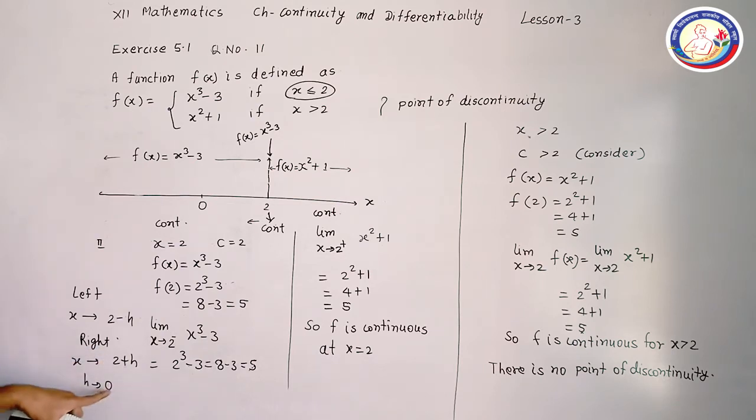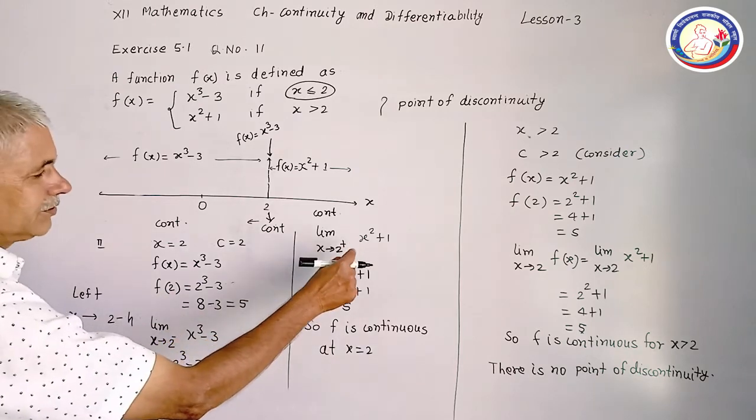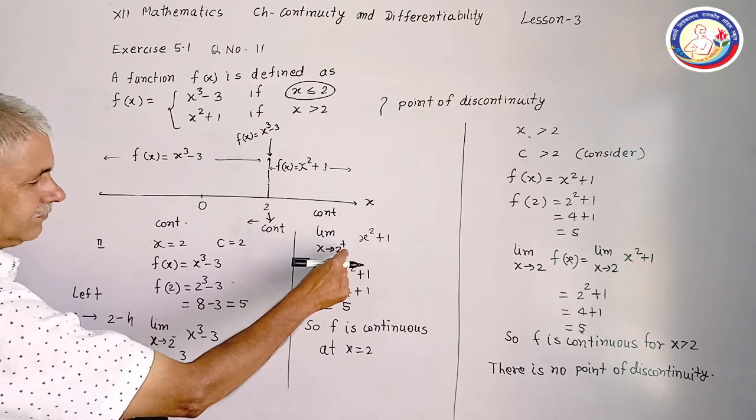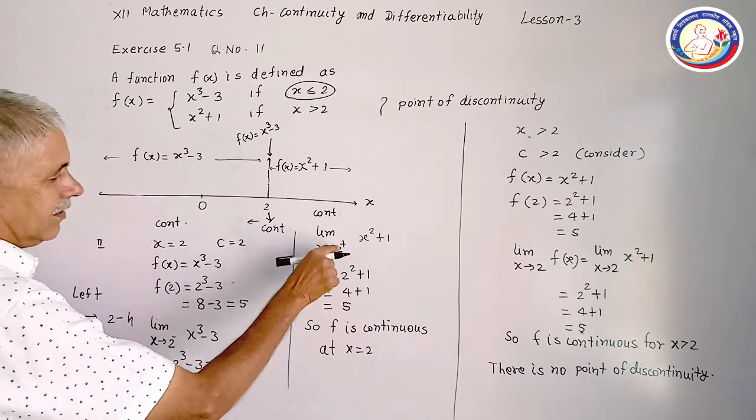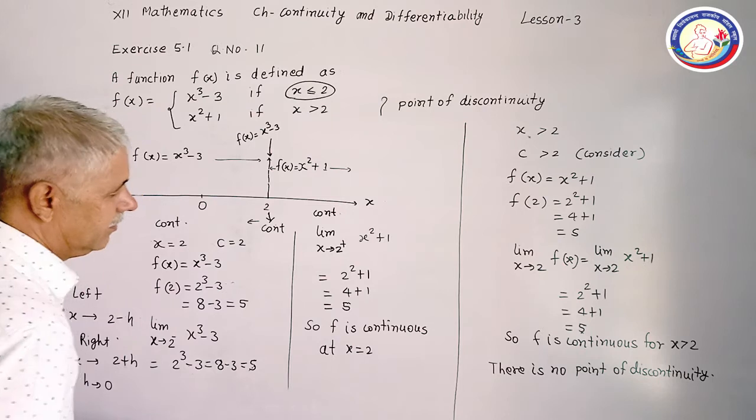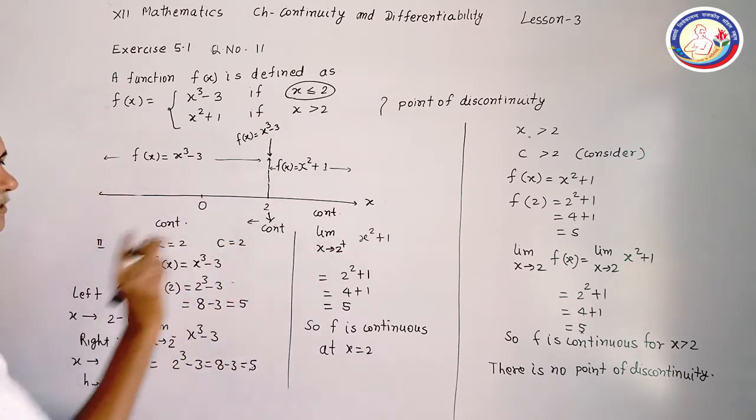For the right hand limit we will take 0 plus, and for the left hand limit we will take 0 minus. This minus and this plus show the approach from the left hand side and right hand side.